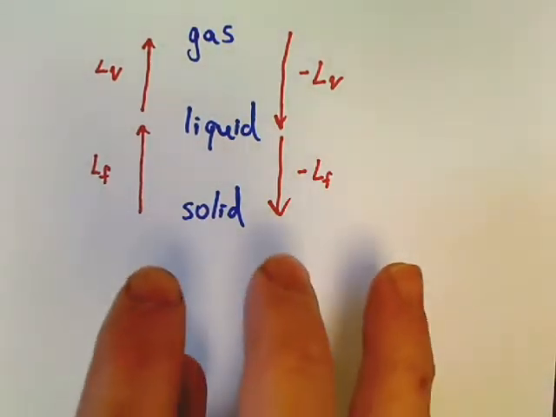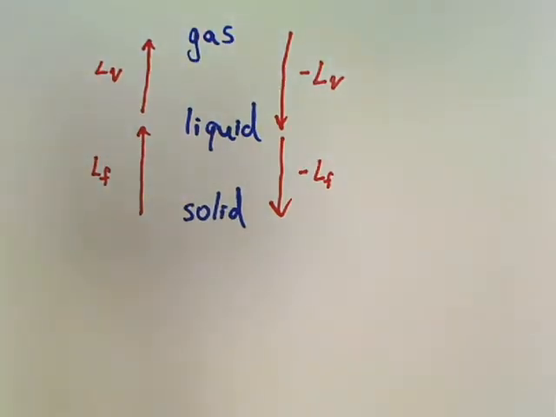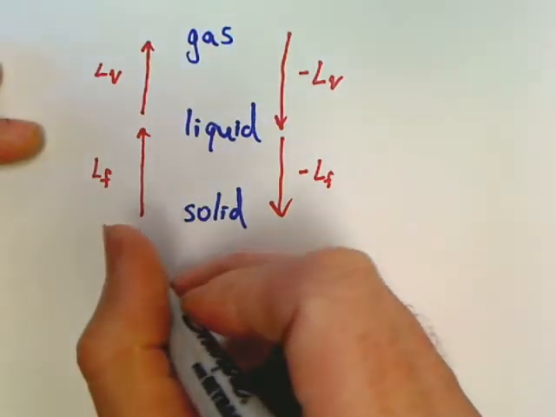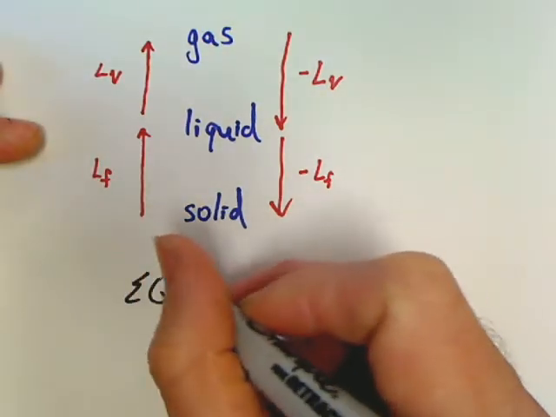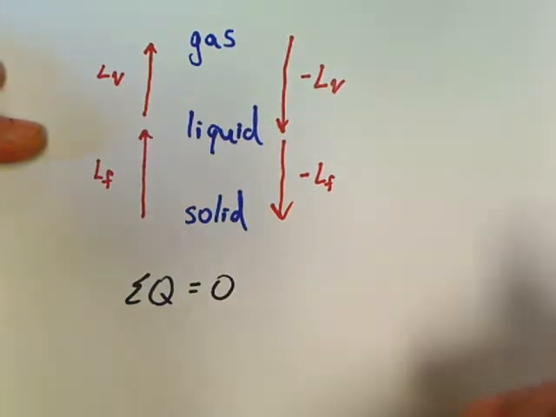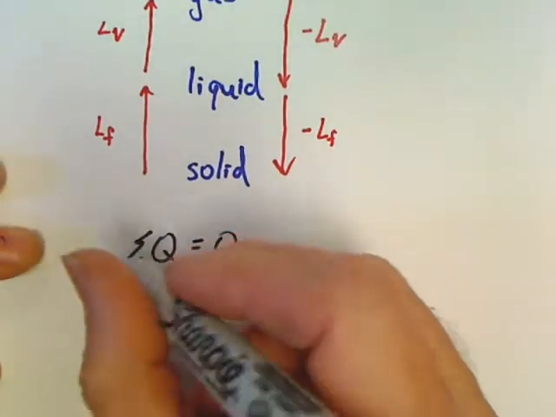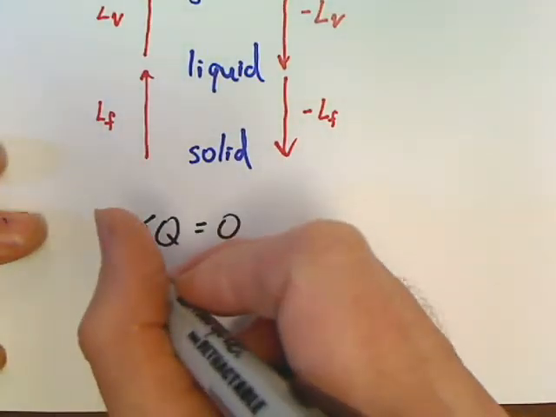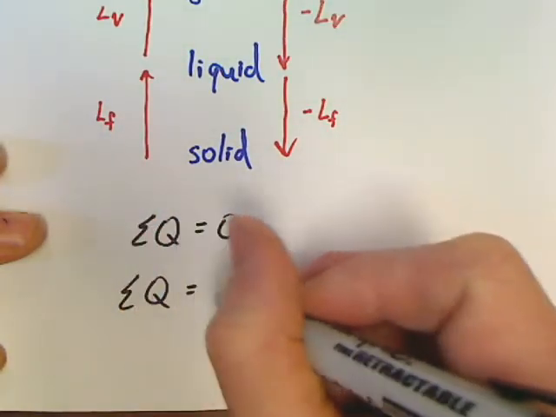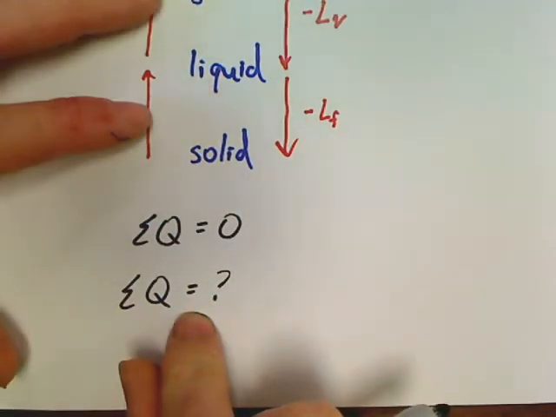Well, anyway, these are probably the hardest problems in Chapter 11. There are going to be two types of questions as we do these. One type is where we work plain old sum of the Q is equal to 0 type problems, and you've already done these before. But there's also going to be a type of question that looks like sum of the Q equals, I'm just going to write a question mark, because that's what we're going to be looking for.